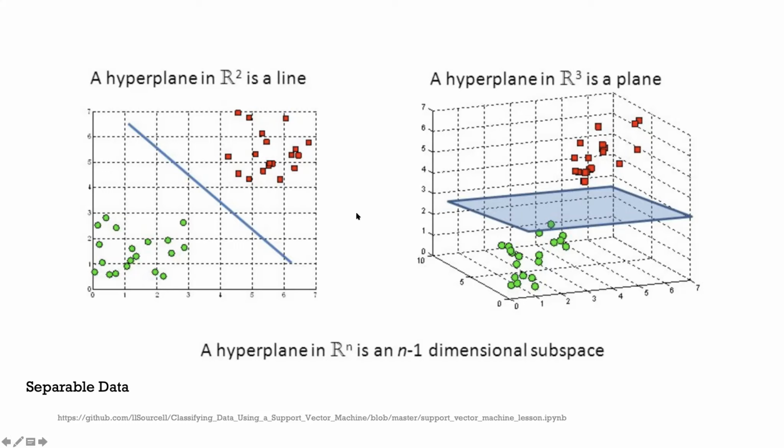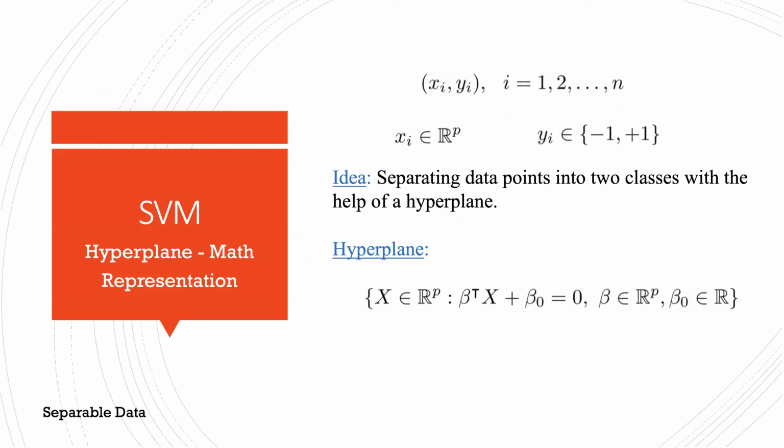In 2 dimensions, our hyperplane is just a line in R squared. In a 3-dimensional space, your hyperplane is a plane. These are visualizations of some hyperplane examples.